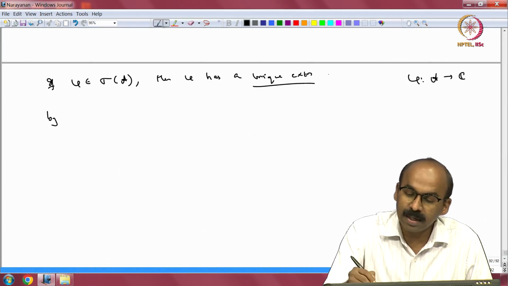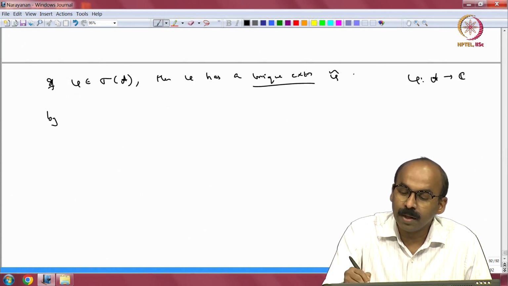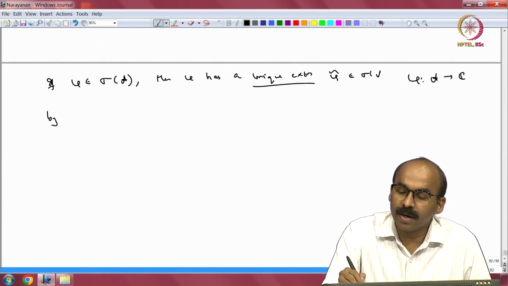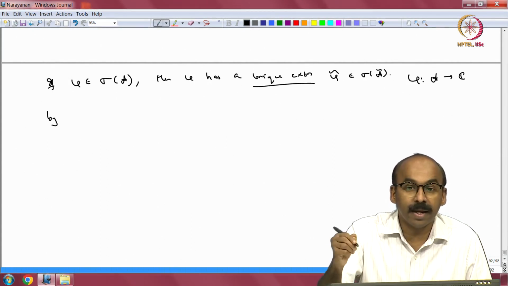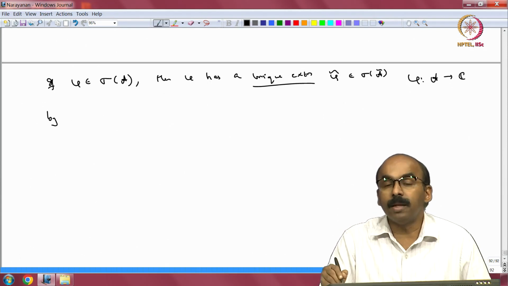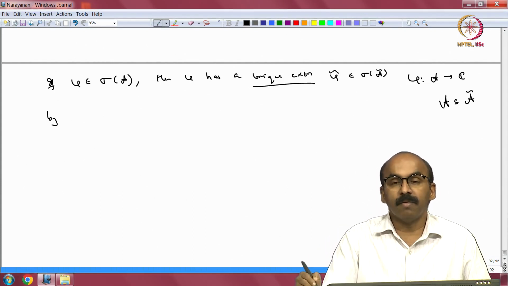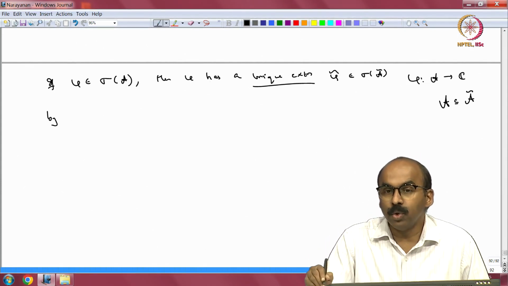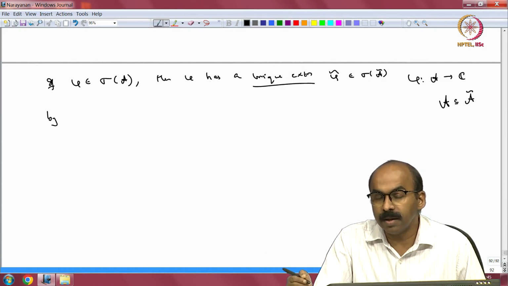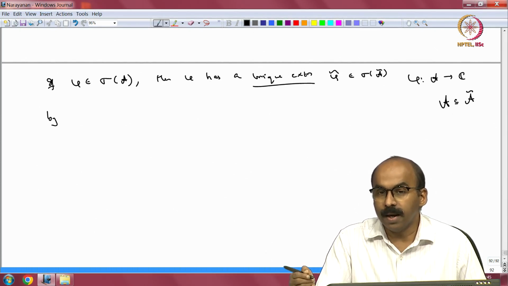So, unique extension, let us call that phi tilde in sigma of A tilde. I am saying it is going to be multiplicative. Remember A is sitting inside A tilde. Any multiplicative linear functional on A has a unique extension to a multiplicative linear functional on A tilde.